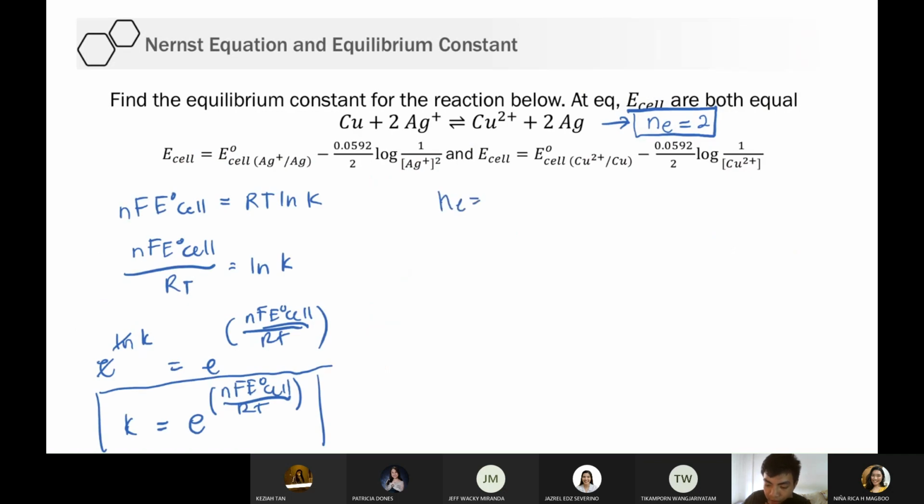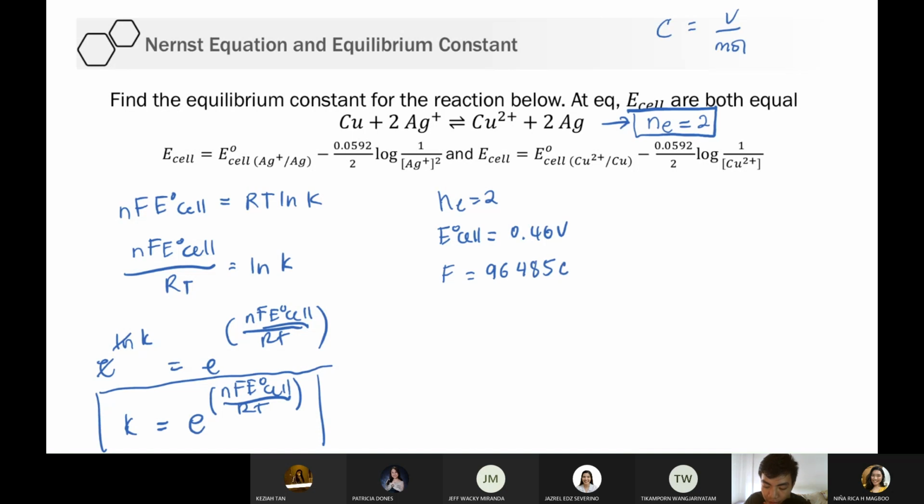So moles of electrons is 2, the E naught cell is 0.46 volts, and the Faraday's constant is 96,485. The unit is coulombs per mole, or volts per mole.